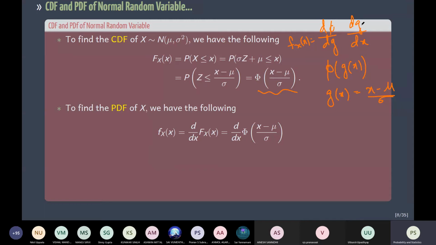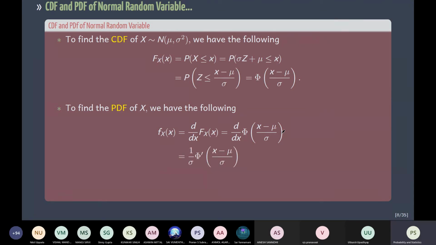So this is phi prime times g prime. The derivative of g will be 1 by sigma, so 1 by sigma will come out. So phi prime of this, and then g prime was just 1 over sigma.